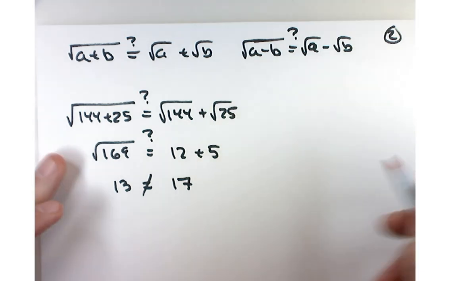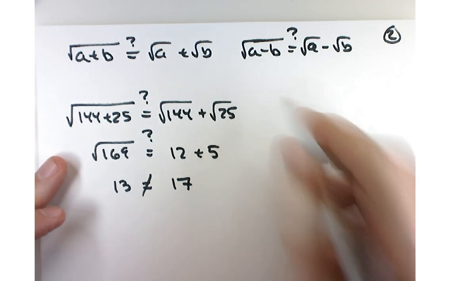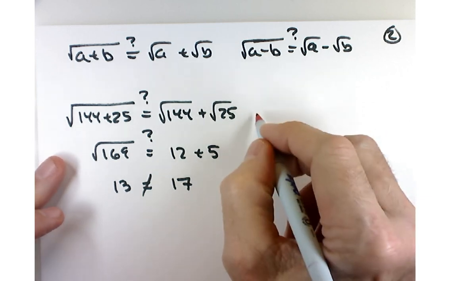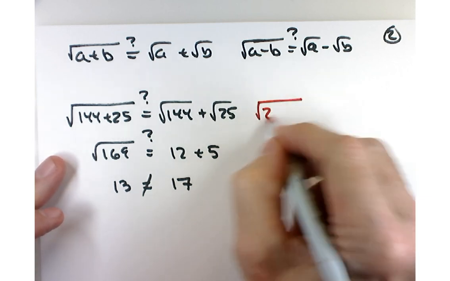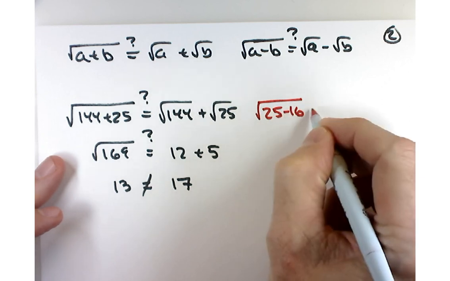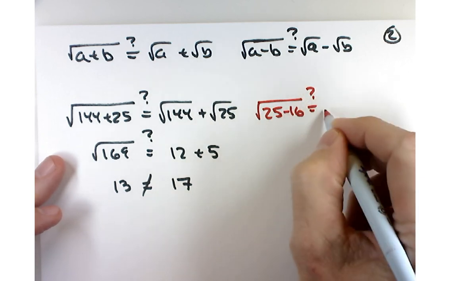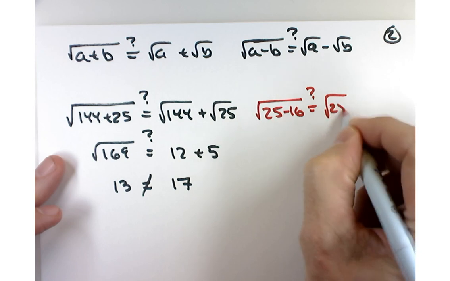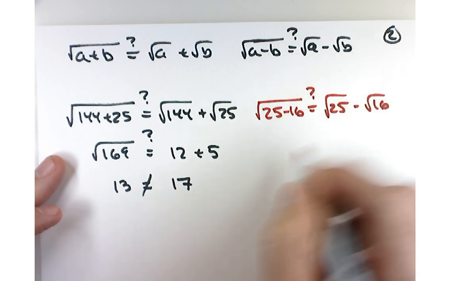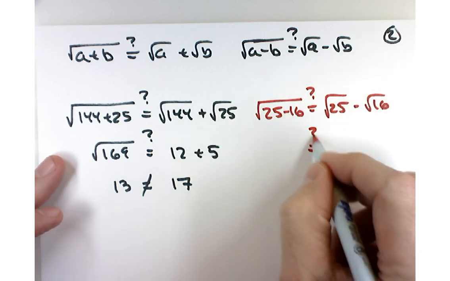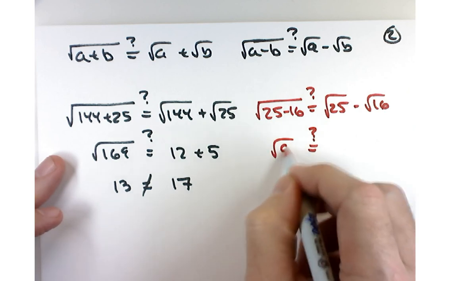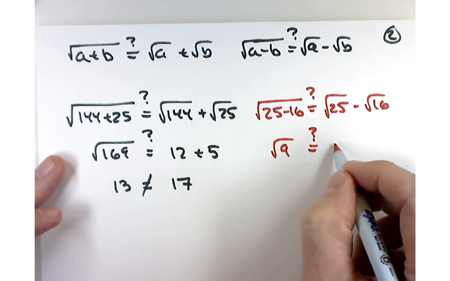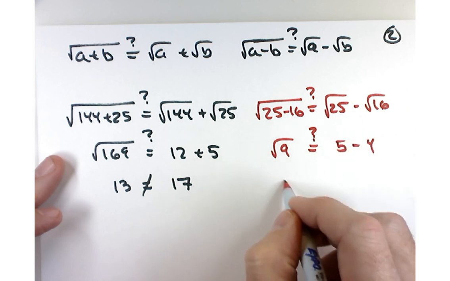How about over here with subtraction? So let's do, for instance, square root of 25 minus 16. Is that equal to the square root of 25 minus the square root of 16? Well, on the left-hand side, I get the square root of 9. On the right-hand side, I get what? 5 minus 4.